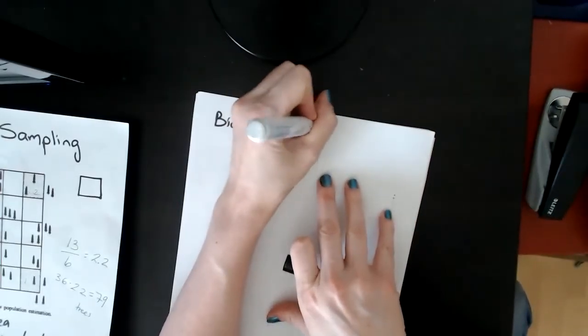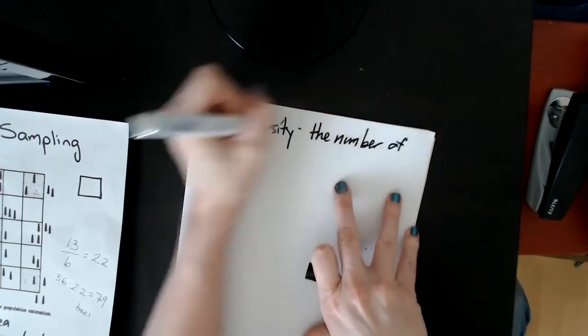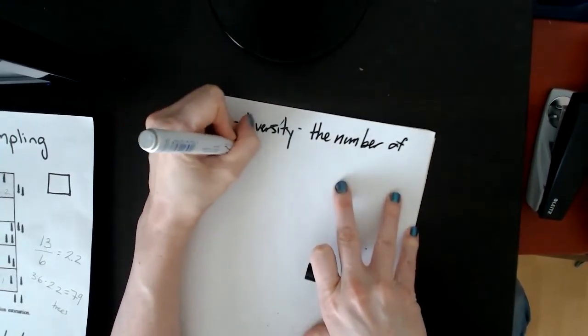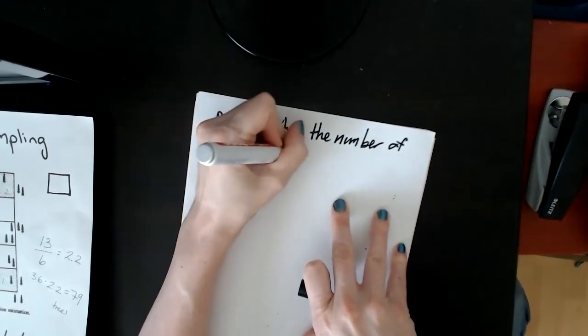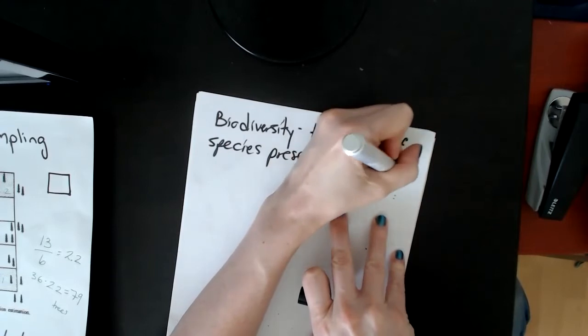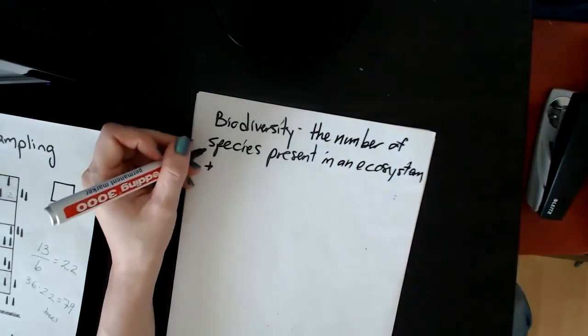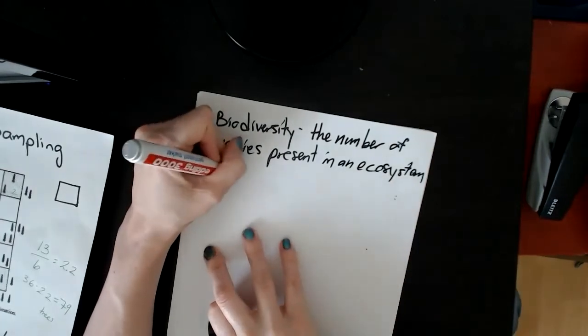So this is the number of species present in an ecosystem and the number of individuals of those species.